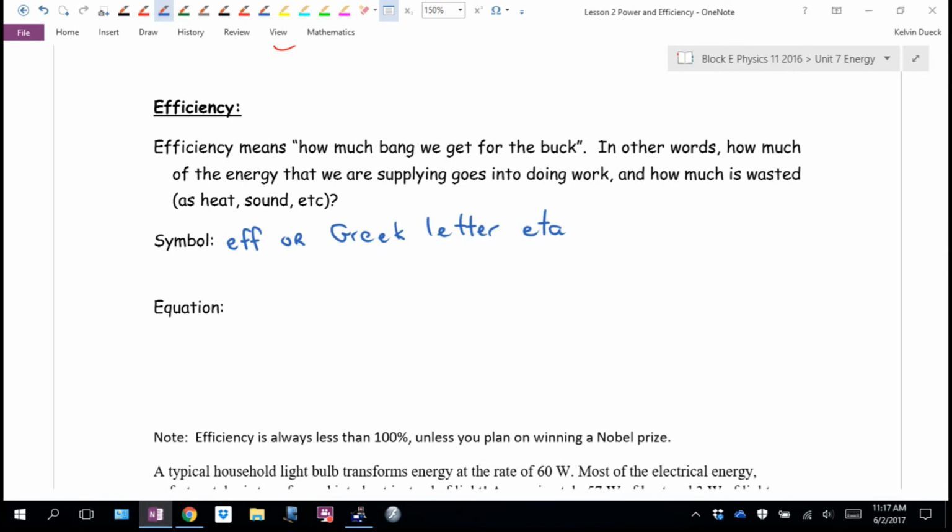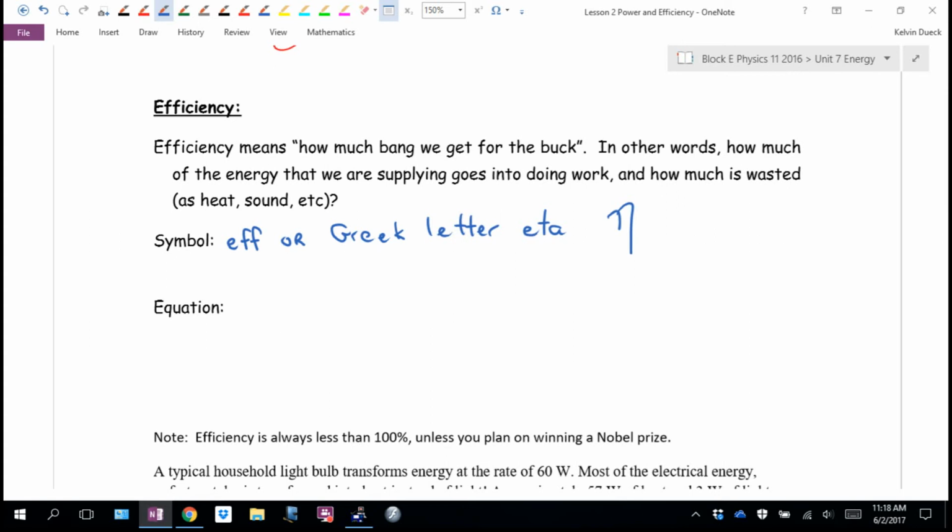What is the Greek letter eta, you ask? I'm so glad you asked. The Greek letter eta looks like a lowercase n, but written in cursive with a droopy tail. Ready? Looks like this. That's an eta. It's a lowercase n with a little droopy tail.